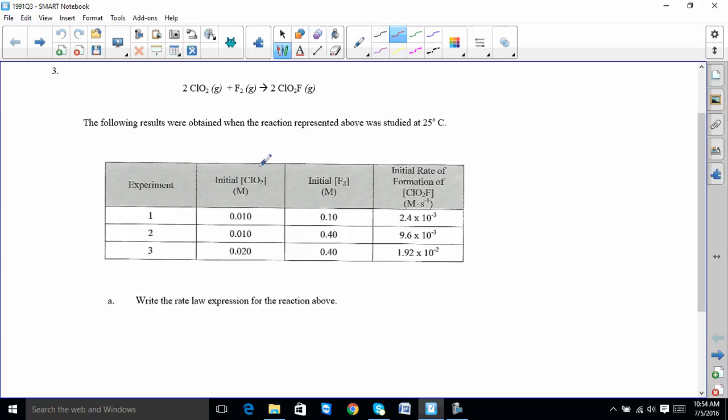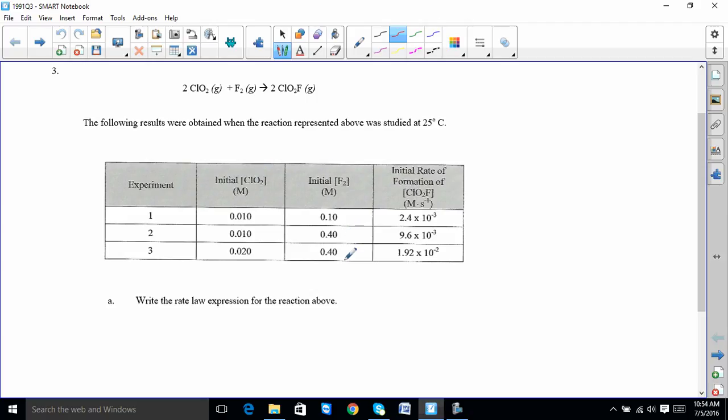Okay, to find the order with respect to chlorine dioxide, you change the chlorine dioxide concentration, but you leave the fluorine alone.